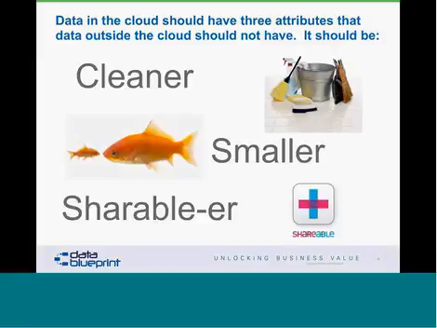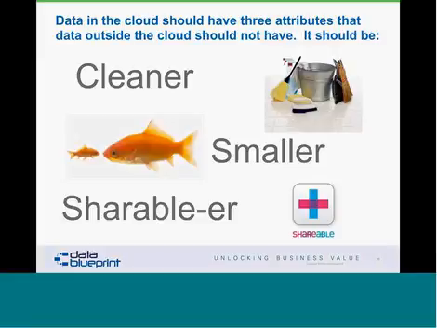Our numbers are very clear on this: data in the cloud is about 1/5 the volume of data outside the cloud in a properly re-engineered scenario. This means you should be paying 1/5 of the cost, but the only way it will work is if it is also more shareable, or shareable-er. I know that's terrible English, but these are the points.